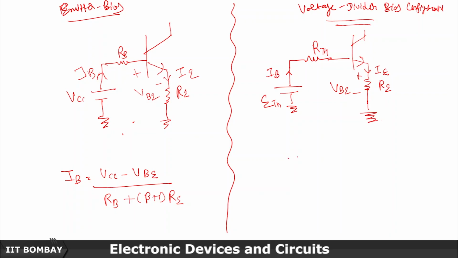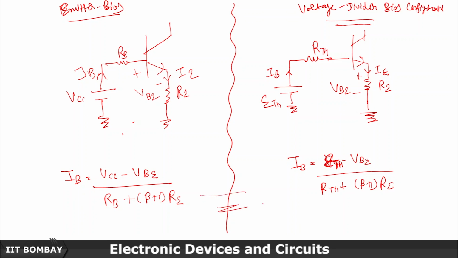Okay. So, IB here is equal to ETH minus VBE divided by RTH plus (beta plus 1) RE. So, this is what we just derived, right.